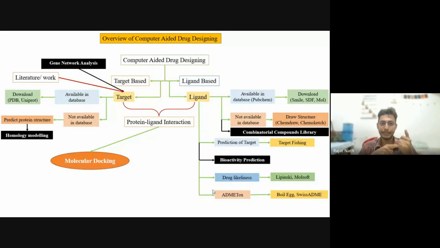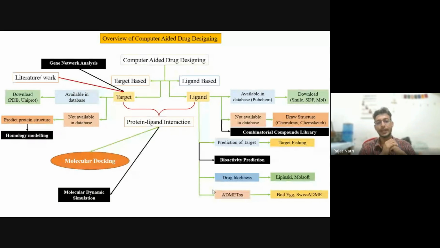There may be pH, there will be water, lipids, temperature, ions, salt concentration, and the protein structure is not in a rigid format. It will continuously try to change its conformation and the ligand is also changing its conformation. So this type of interaction we can't see in molecular docking. That's why we go for the molecular dynamic simulation.